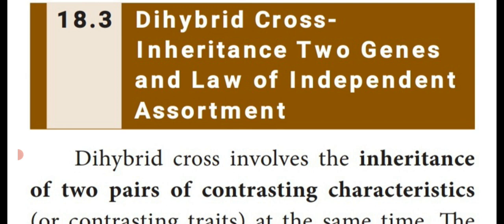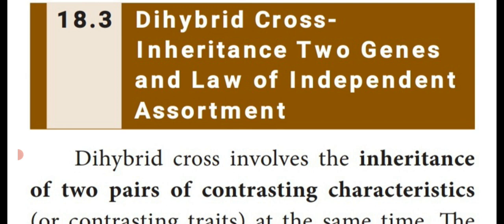That means a pair of alleles present in the gene are segregated, but only one of them expresses the character. Both the characters are expressed in the F2 generation, not in the F1 generation. So the monohybrid cross proves the law of segregation.